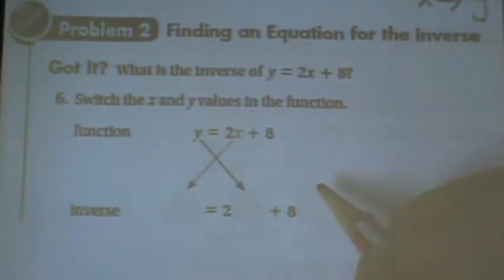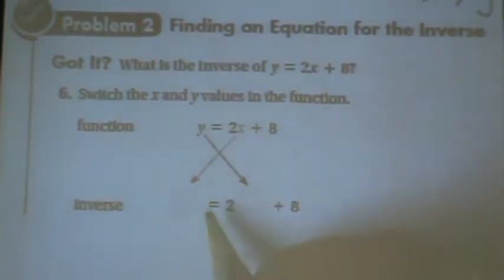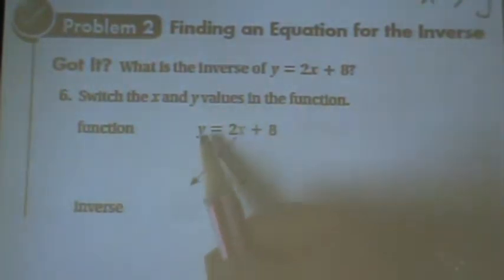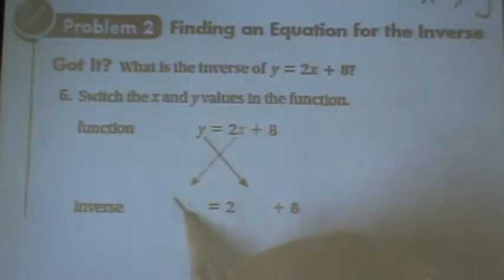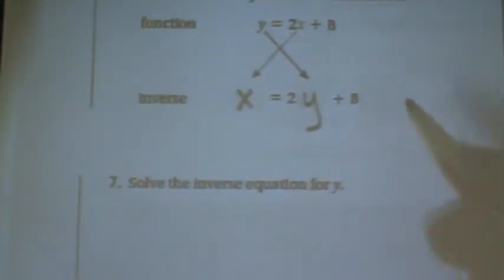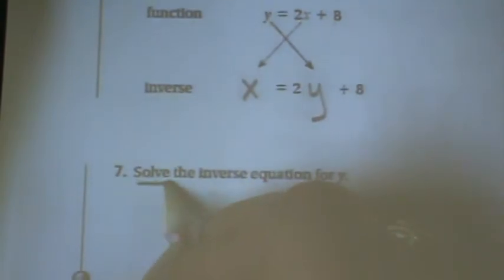In this problem, see how it says y equals 2x plus 8? Instead of y, you're going to write x. X equals 2y plus 8. And now what you must do is solve that equation for y.